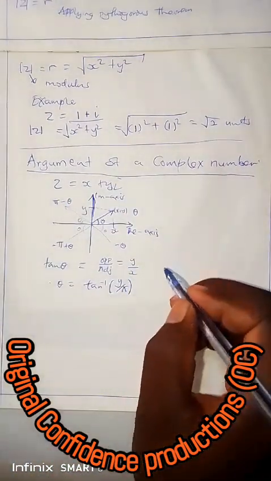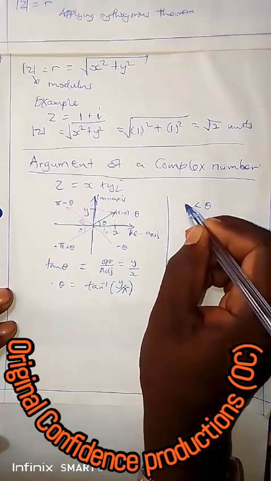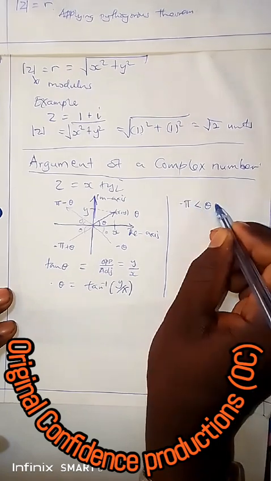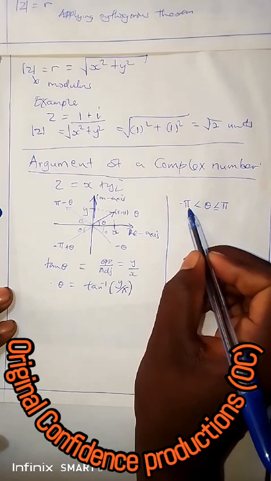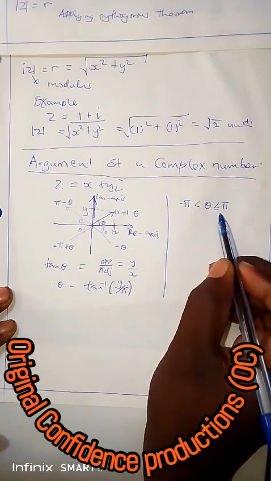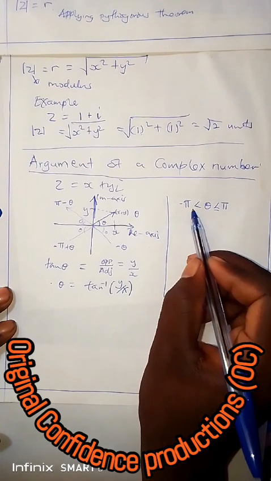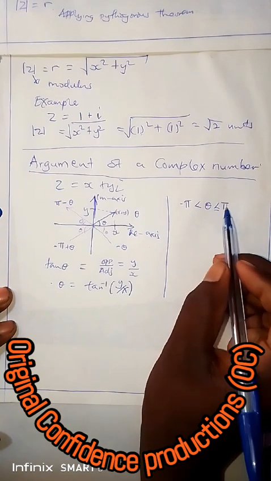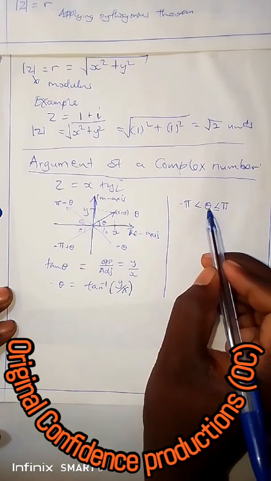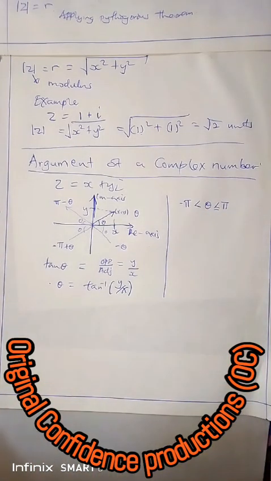We always say that the theta that we talk about ranges from negative pi up to positive pi. Negative pi is not included, but positive pi is included. Generally, pi is 180 degrees. So the principal argument lies within this range, and it is unique. It is only one for any complex number. When you calculate, it will only be one.